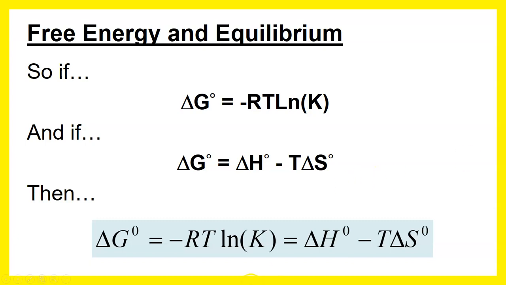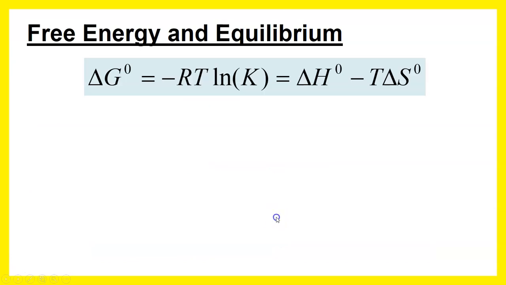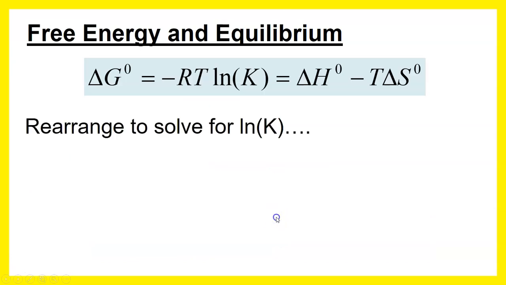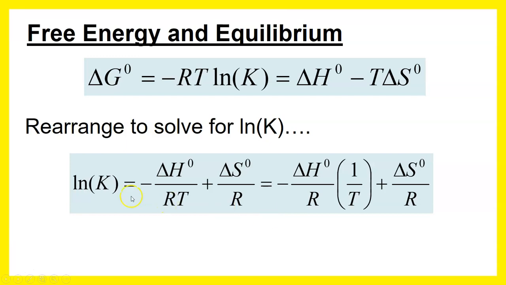So if I take this rearrangement and I'm trying to solve for the natural logarithm of K, it ends up looking like this. I've divided both sides by RT. Over here, the T's end up canceling. So I get negative delta H over RT.